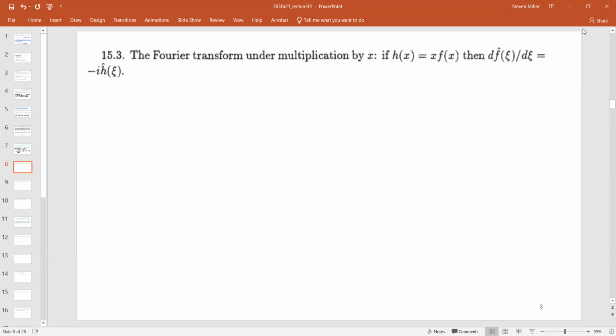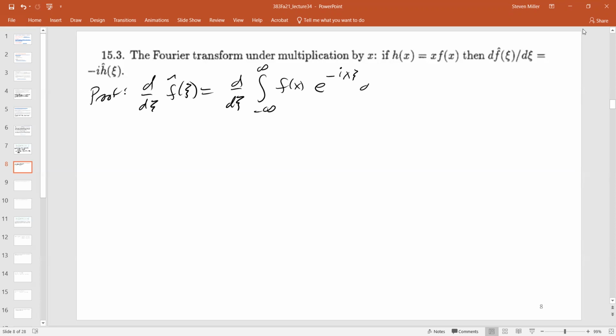So the Fourier transform of multiplication: if h of x is x f of x, then the derivative of f hat of c is just minus i times h hat. So let's just prove this as well. We want to take the derivative with respect to c of f hat of c, which is the derivative with respect to c of the integral from minus infinity to infinity of f of x e to the negative i x c dx.